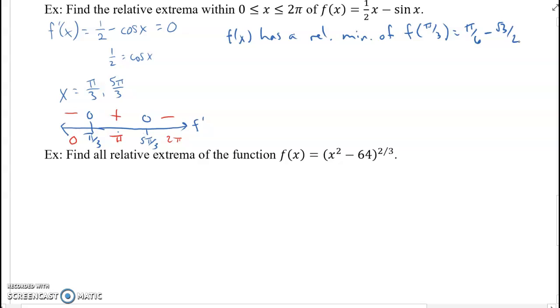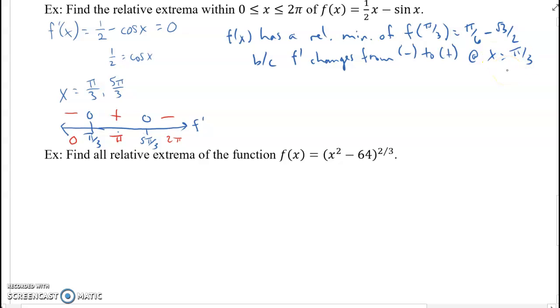That is a relative minimum because f prime changes from negative to positive at x equals pi over 3.